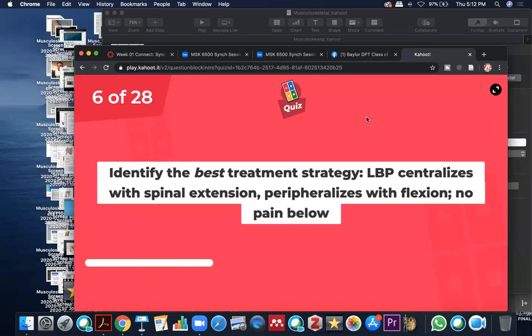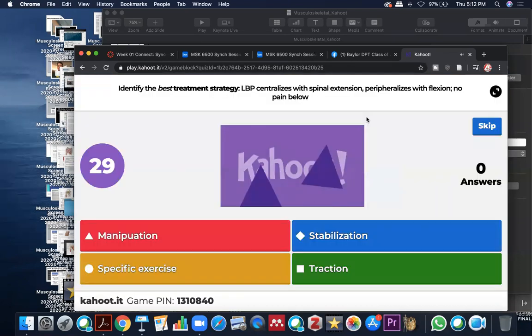Identify the best treatment strategy. Low back pain centralizes with spinal extension, peripheralizes with flexion, and this should say no pain below the knee.